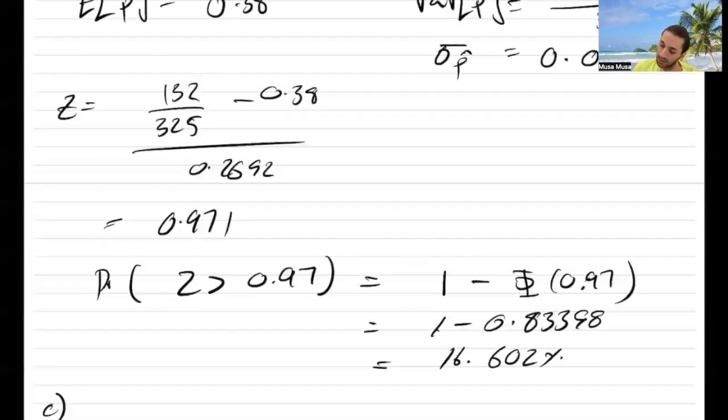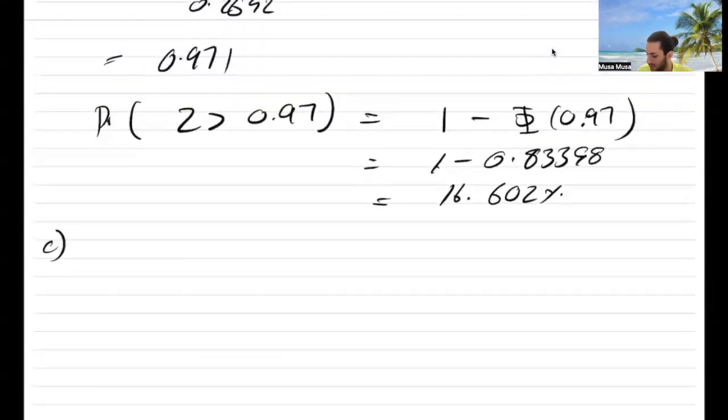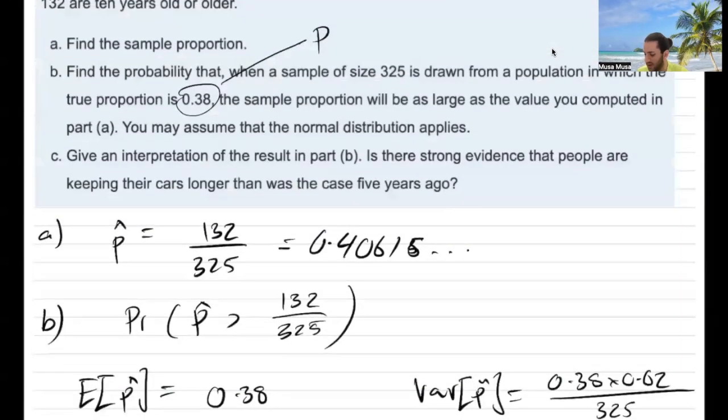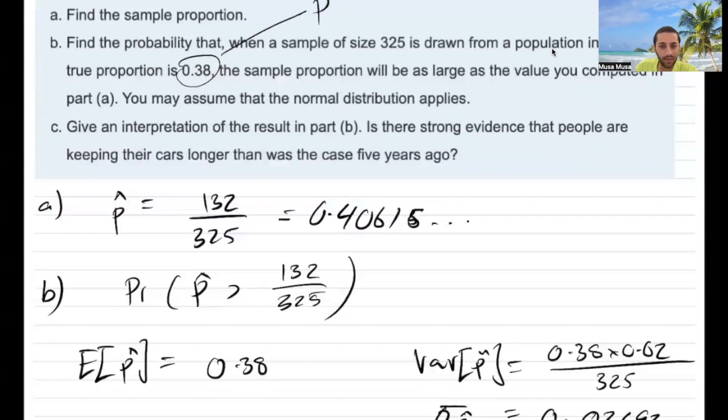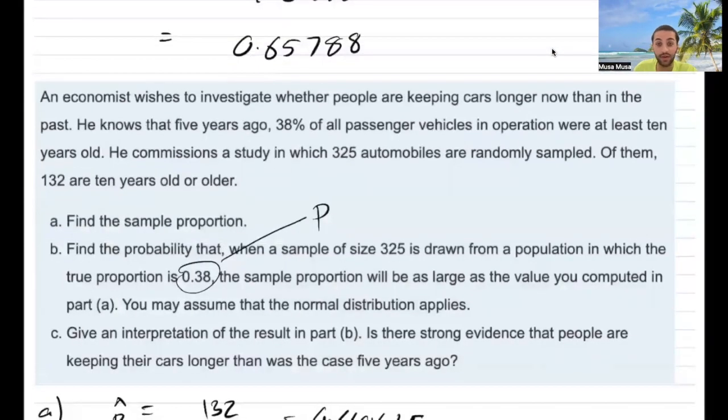And part C says, given interpretation of the result in part B, is there strong evidence that people are keeping their cars longer than what the case was 5 years ago? Like, if you compare all of this and you say, well, 40%, and it was 38%, right? Because it says he knows 5 years ago it was 38%.